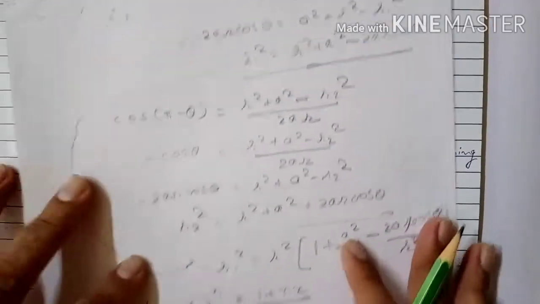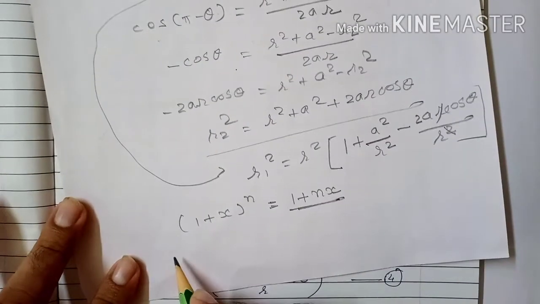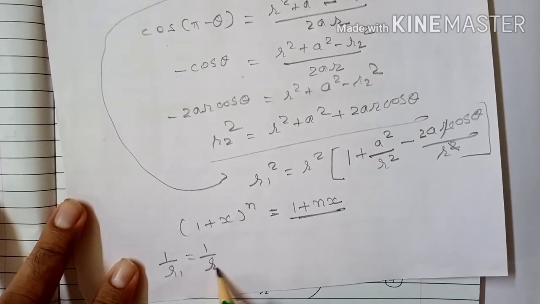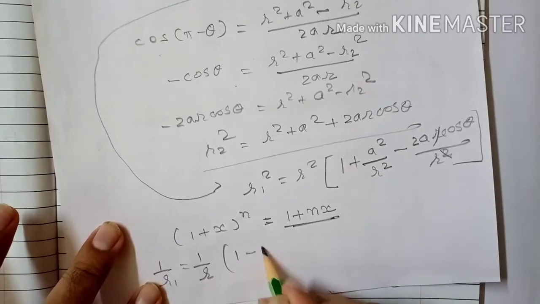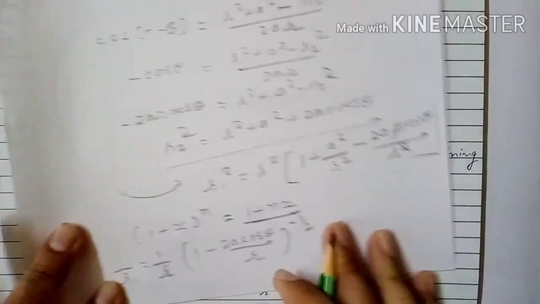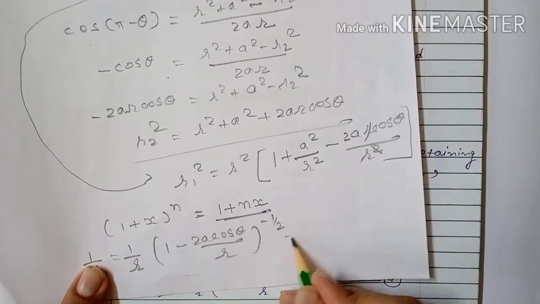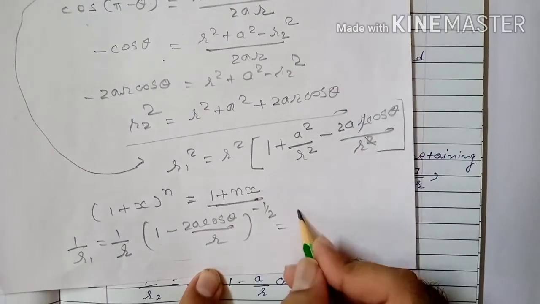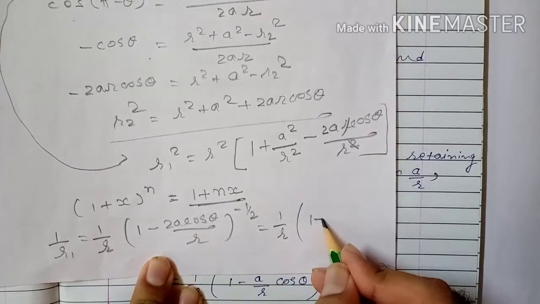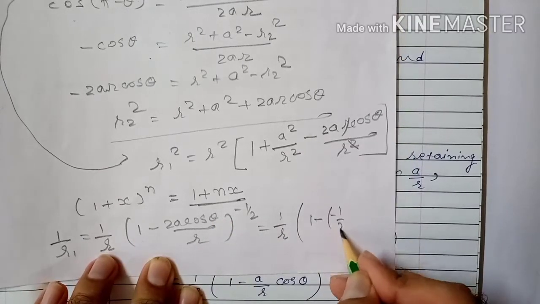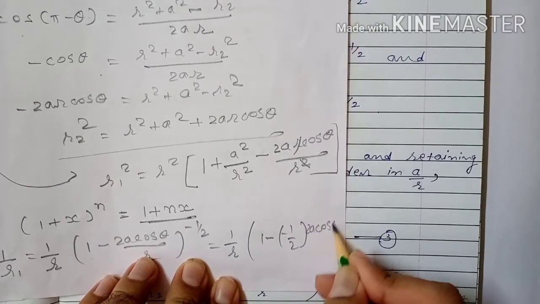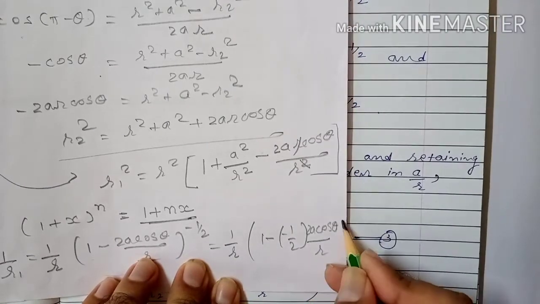Like this. Here what is given? 1 upon r1 is equal to 1 upon r (1 minus 2a cos theta upon r) raised to minus 1 by 2. If we expand this bracket, it can be written as 1 upon r, 1 as it is, minus minus 1 by 2, 2a cos theta divided by r.